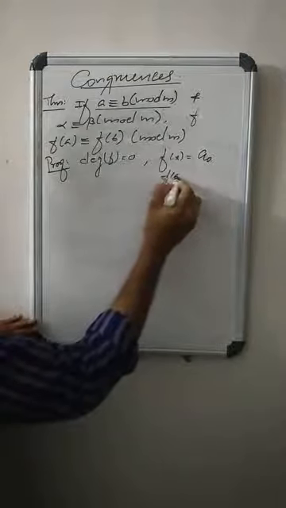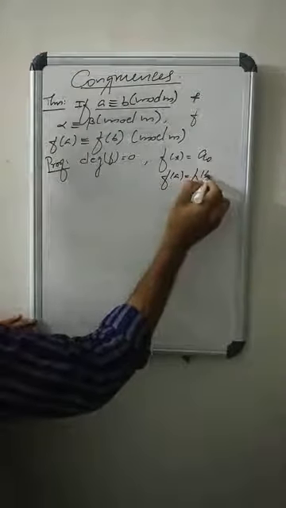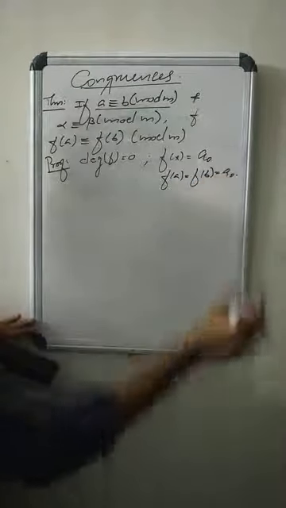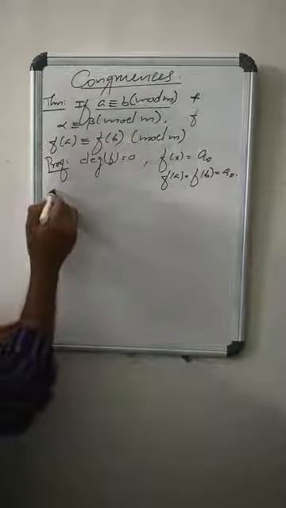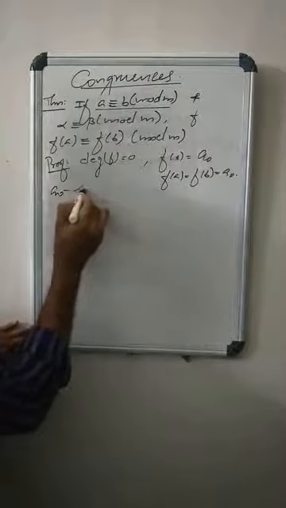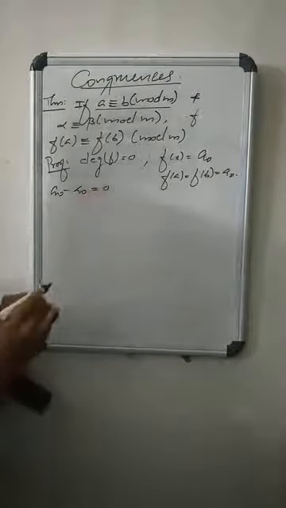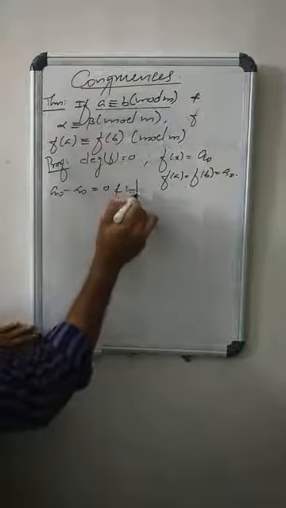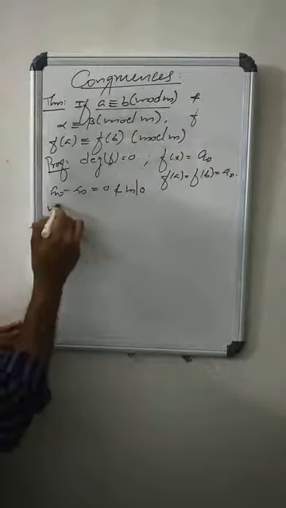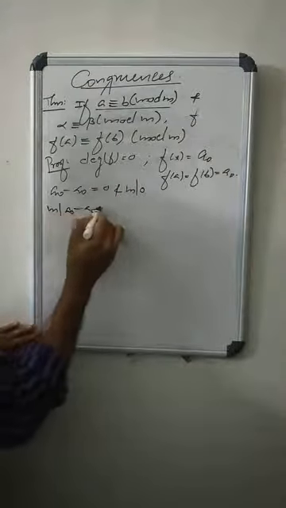So what is f of a? f of a equals a naught and f of b equals also a naught. But what about a0 minus a0? a0 minus a0 means 0. Agreed. So m divides 0 means m divides a0 minus a0.